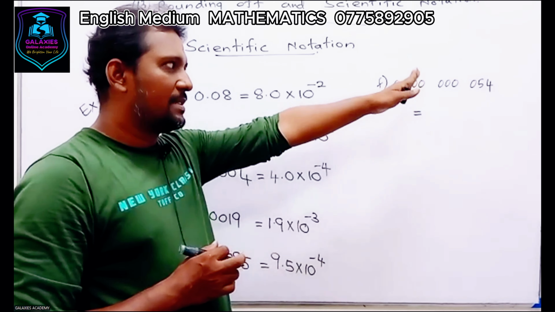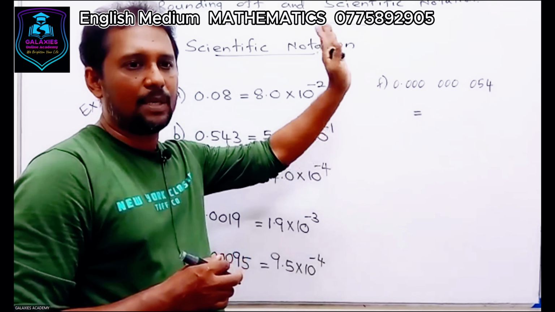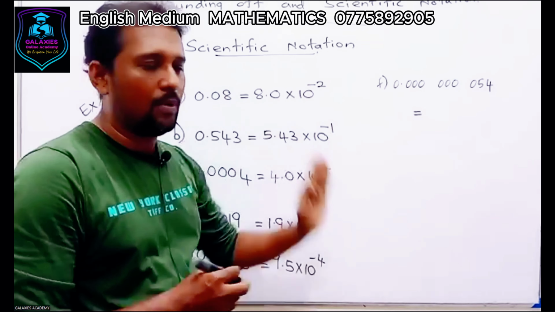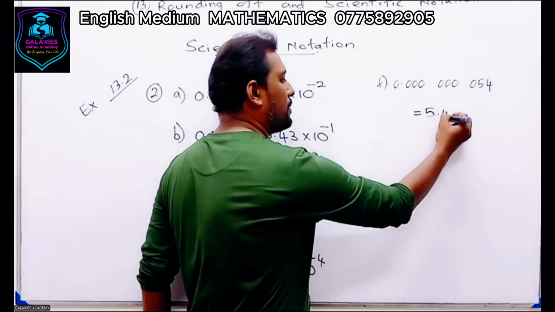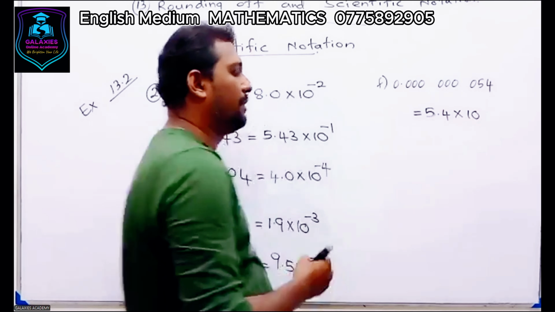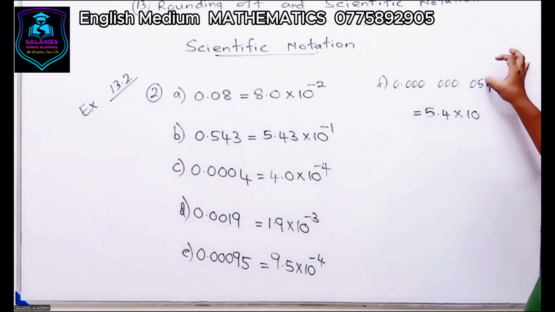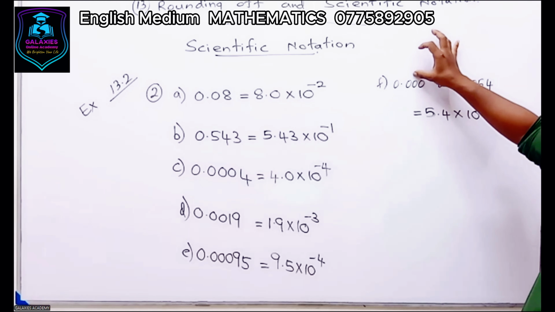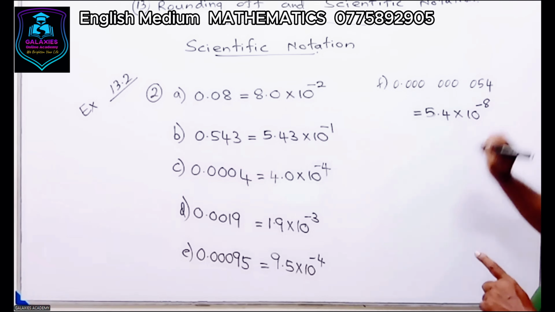The first digit except 0 is 5. So you have to keep the decimal point after 5. That means between 5 and 4. 5.4 multiply 10 to the power. How many places we have to move? 1, 2, 3, 4, 5, 6, 7, 8. Negative 8.